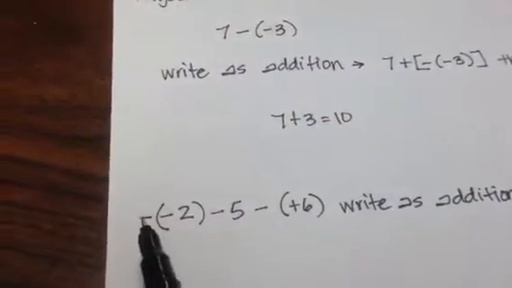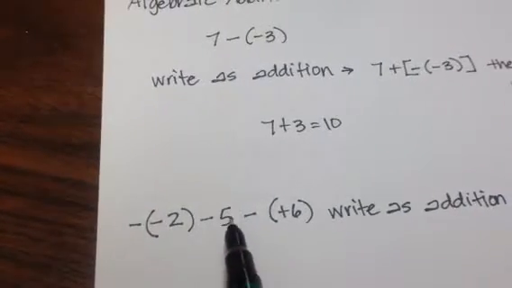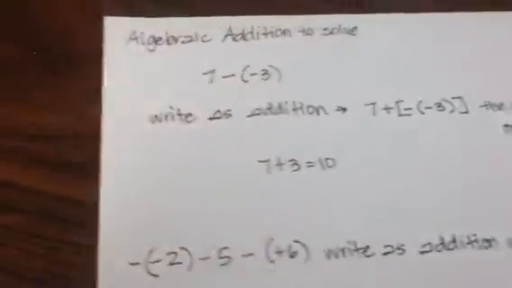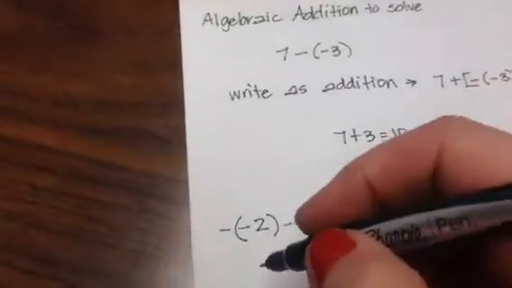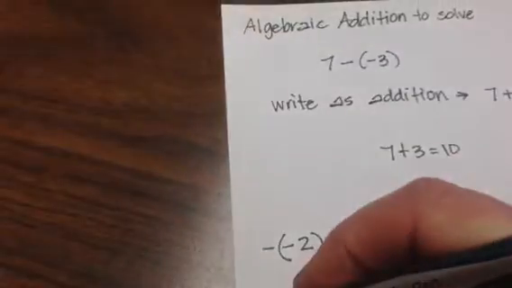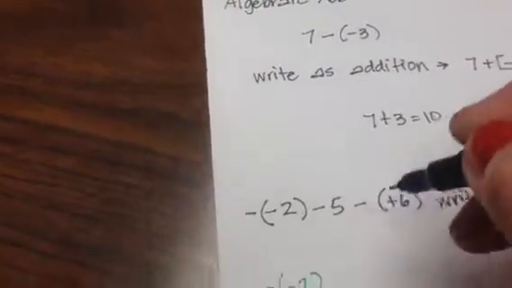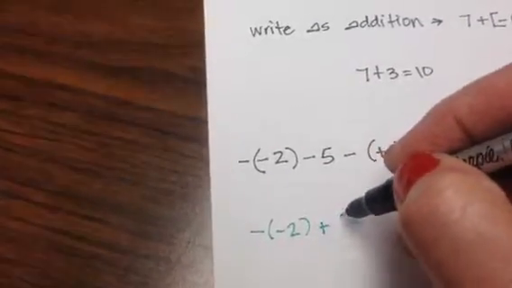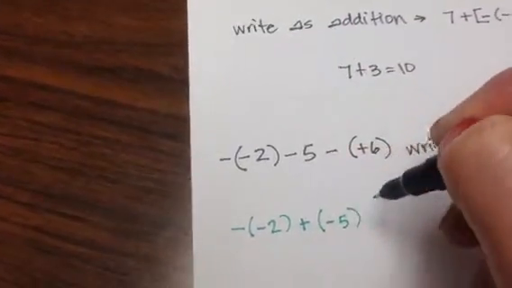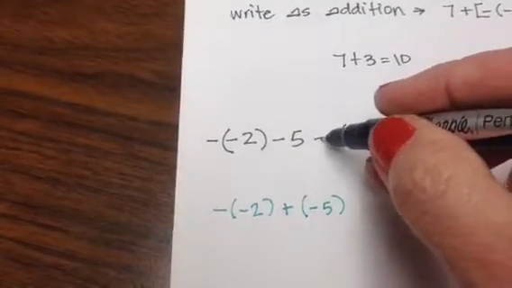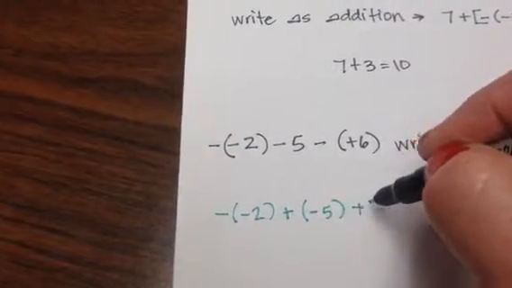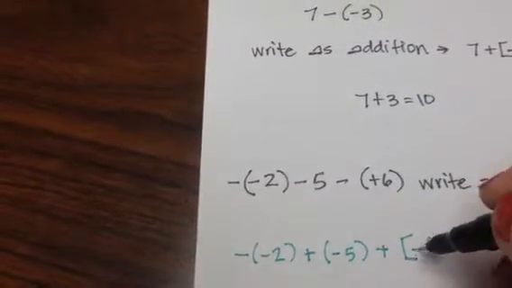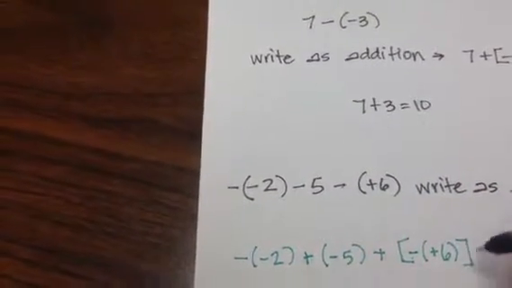All right, so here we have a negative 2 minus 5 minus positive 6. We're going to write it as addition, and we're going to use our brackets. So I'm going to write this. When it's out front, you just keep it as is, negative 2. Now I'm going to change that to a plus negative 5 plus, I'm going to use my little bracket here now, negative, or the opposite of positive 6.